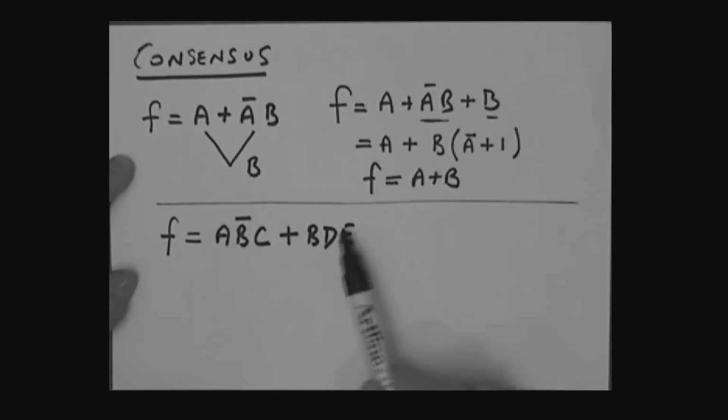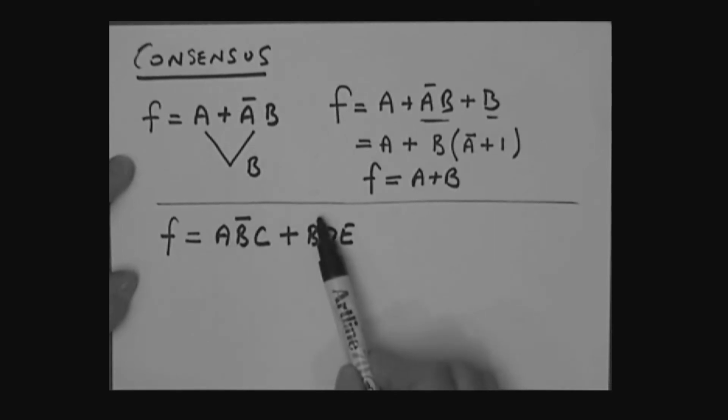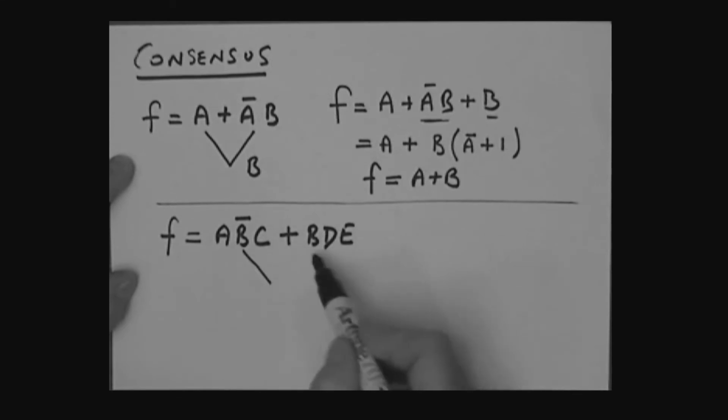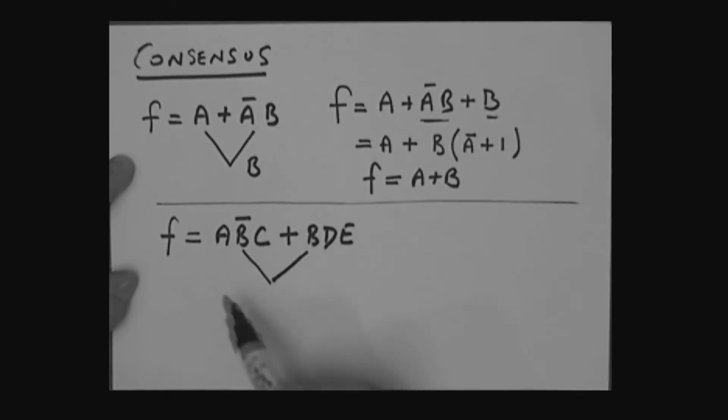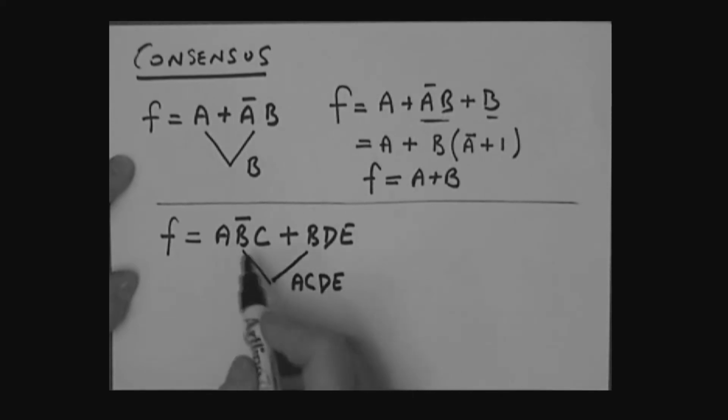This is a parent product term, and this is a parent product term. I've got B complemented in this term and B in this term over here. So I can form the consensus between these two product terms. Here's B bar and here's B. So the optional product is what I've got left. It's the AC. So let's write that down: AC DE.